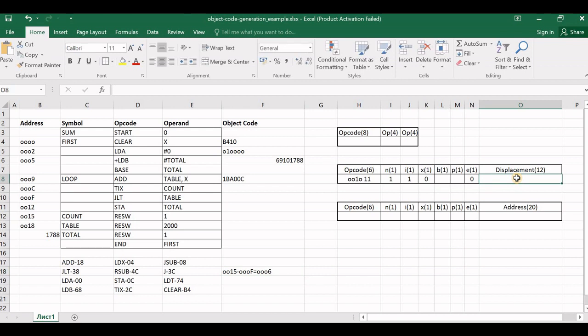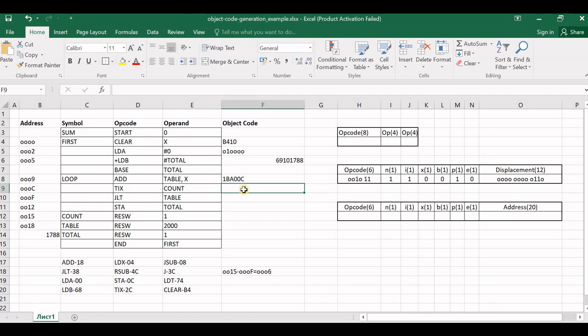Represent the displacement in 12 bits format. It is 0000, 0000, 0000, and 6 is 0110. So we got this displacement using the PC value. So the P bit will become equal to 1 and the B bit will be reset to 0. Now group 4 bits together to generate the hexadecimal object code for the instruction TIX count.